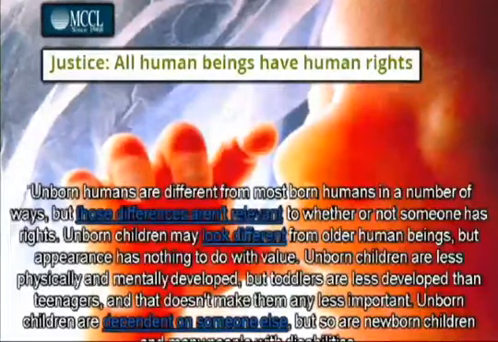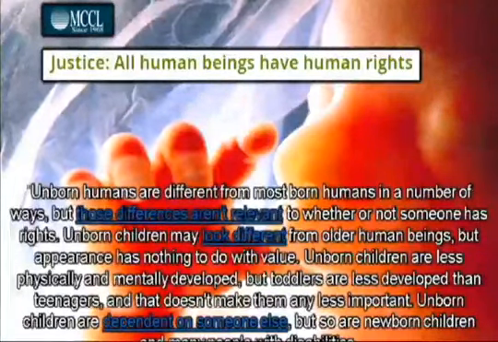It says unborn children are less physically and mentally developed, but toddlers are less developed than teenagers. And that doesn't make them any less important. Now think about what they just said. An unborn child is not developed physically and mentally yet, right?